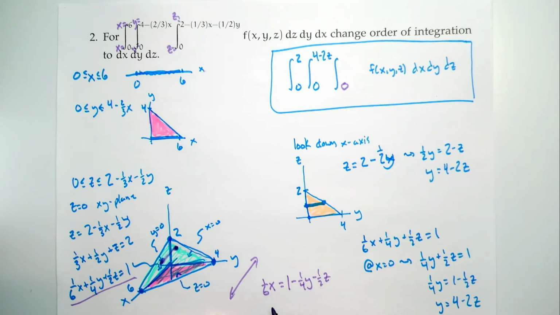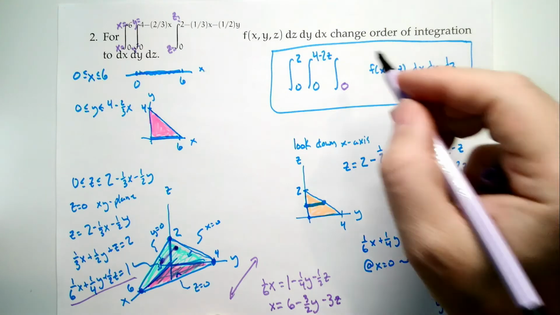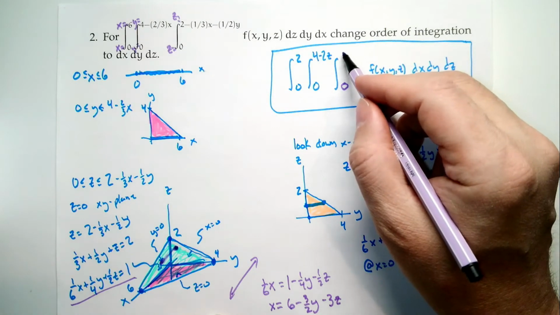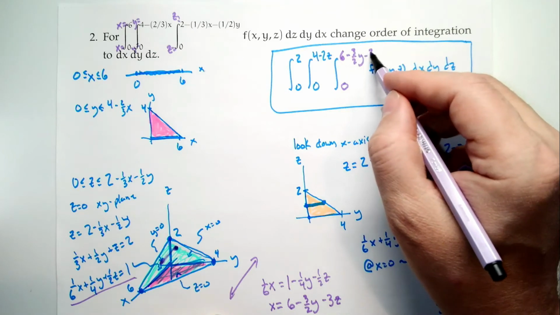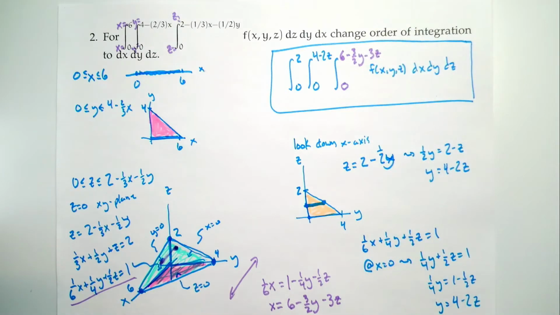Multiply through by 6. x equals 6 minus 6/4, also known as 3/2 y, and minus 3z. So that's what goes up here. 6 minus 3/2 y minus 3z. And done.